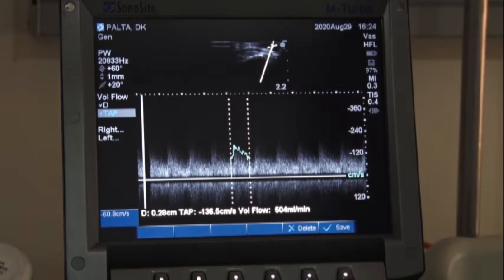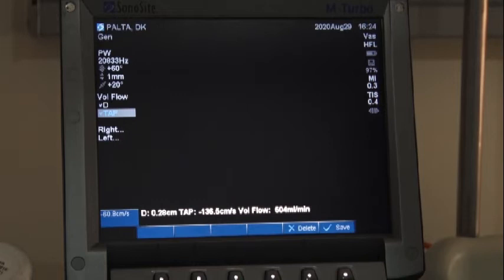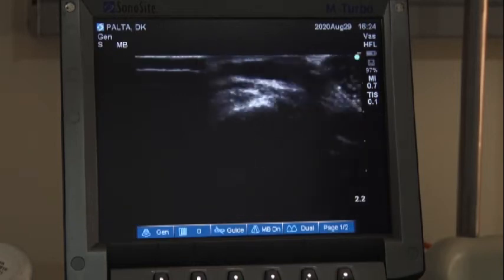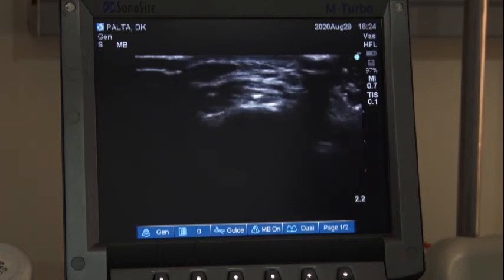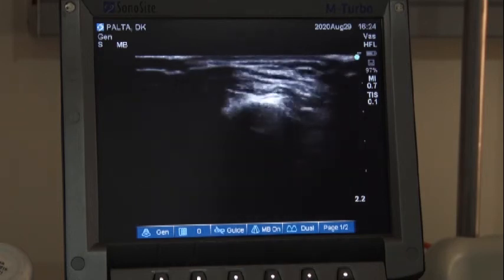So the flow here is 504 ml per minute. It looks okay, a very good fistula, near to 500. But then what happens? This was 1 centimeter from the fistula. This is the anastomosis and this is the segment. Then what is happening actually?